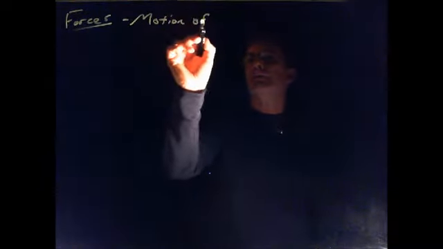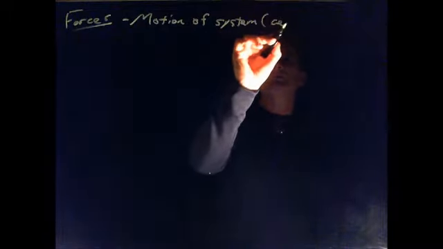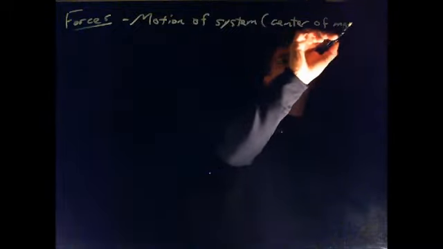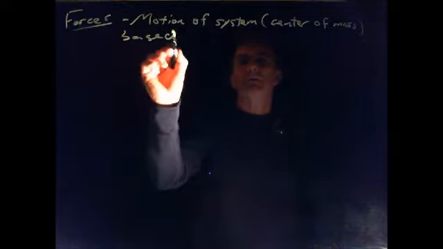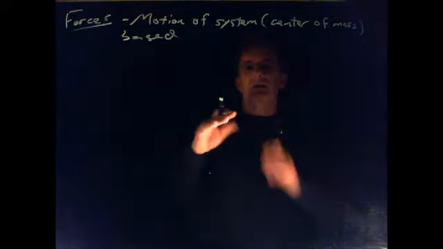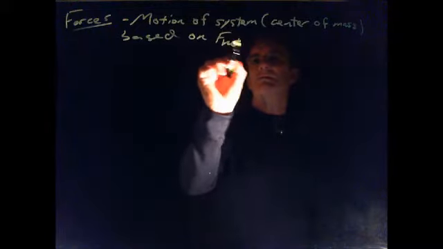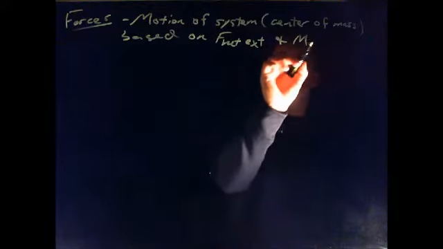what we know is that the motion of a system, and here's where I like to throw in the idea of center of mass. The motion of the center of mass is based only on the net external force, based on net external force and the mass of the system.